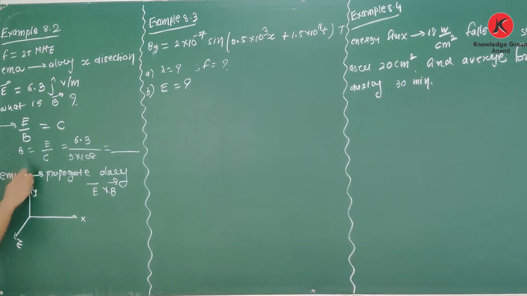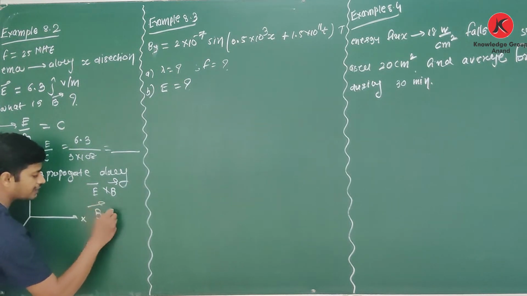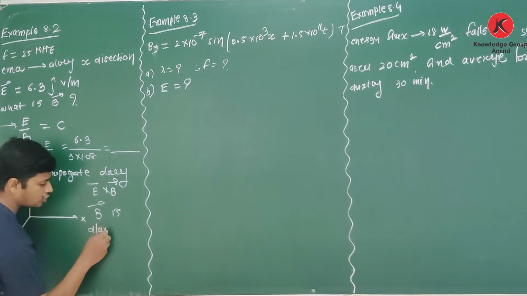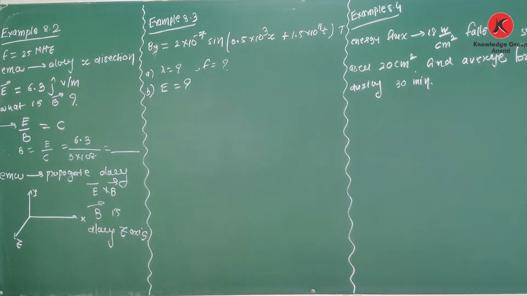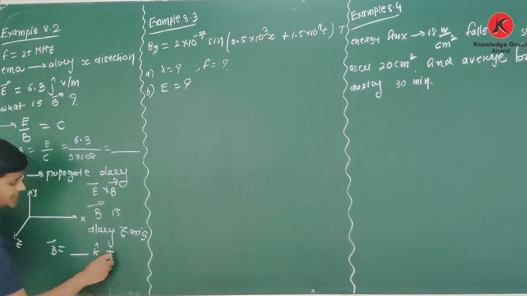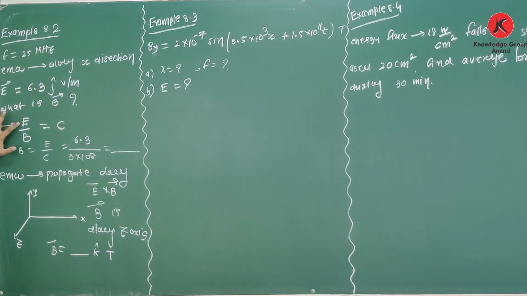So this magnetic field is along the z axis. Whatever answer you get here, you have to write it like this: B is equal to blank k caret tesla. Clear about this? It is very simple. You have to remember only this equation, E upon B is equal to C.